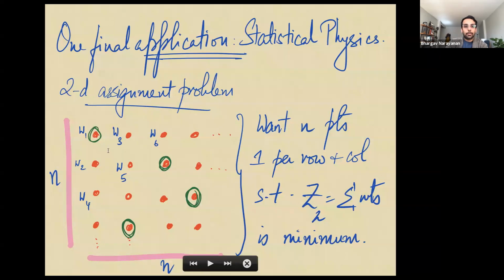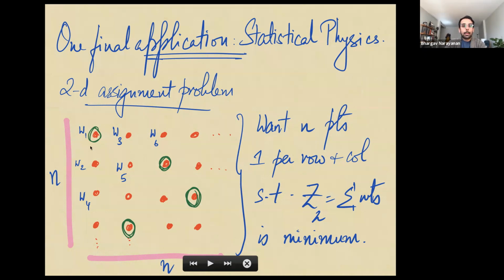It's a really rather simple question. The assignment problem starts with the following setup. You start with an n by n grid, and let's say you put an exponential weight at each of these points. The distribution doesn't really matter. Just fix your favorite probability distribution and lay down independent weights on all the points of the n by n grid.